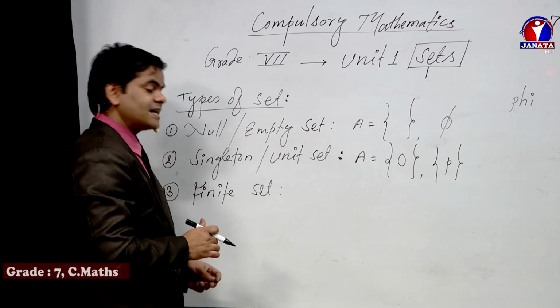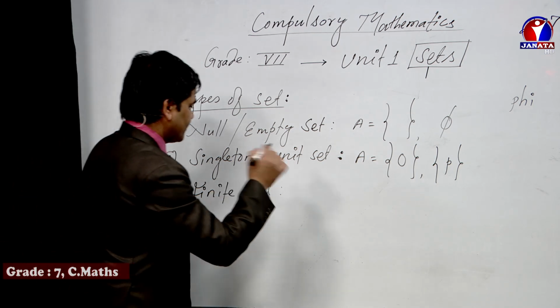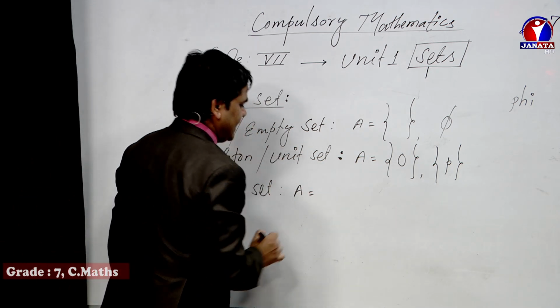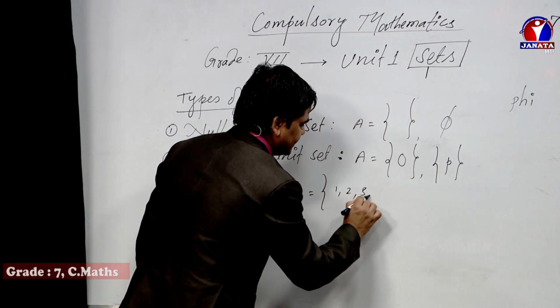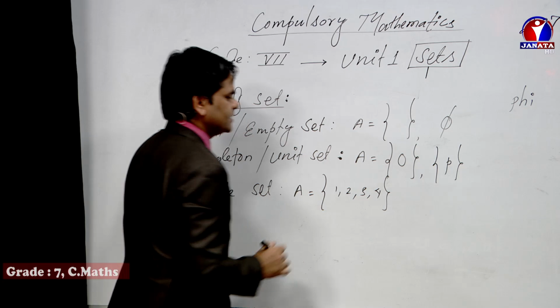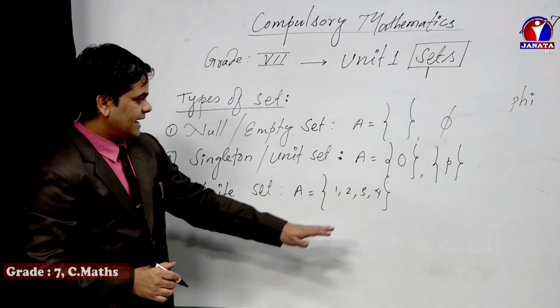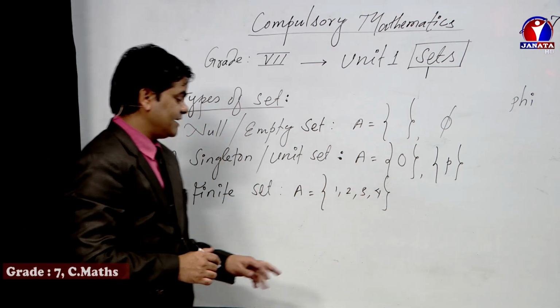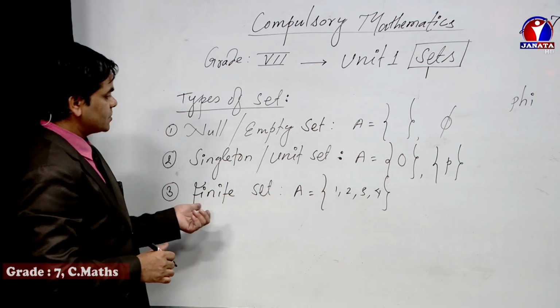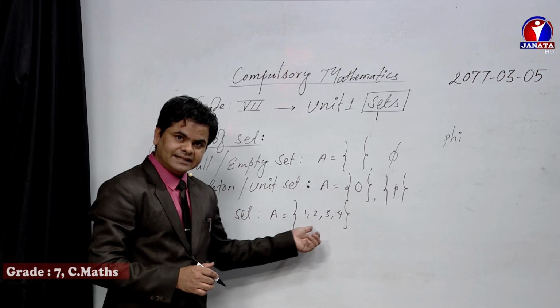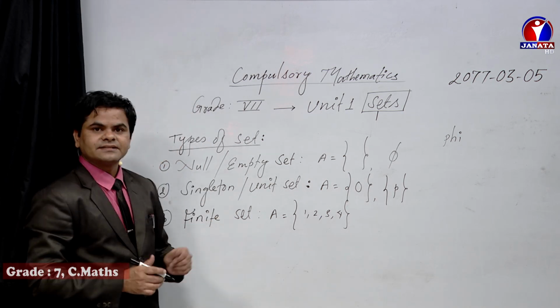That means the last one should be fixed. For example, A equals curly bracket 1, 2, 3, 4, and if I close, the last number is fixed. That means no infinite sign. If the members of that set are fixed, then that is known as a finite set.